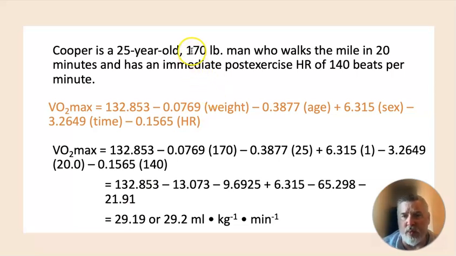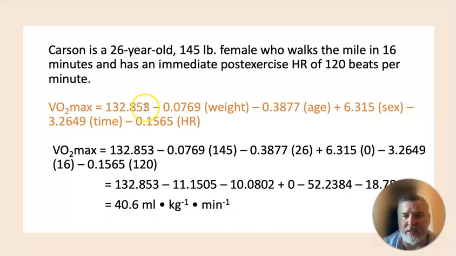So the weight and the ending heart rate are significant. If we look at somebody who has a lower heart rate, we'll see that a faster time and a lower heart rate response are going to equate to a higher VO2. So this is Carson. We plug in all of her values.